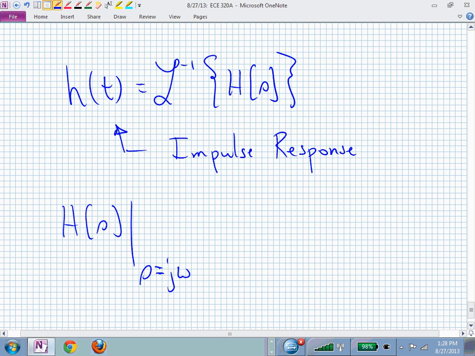If we let S equal j omega in our transfer function, now we have this frequency response behavior of our system. This will tell us how our system behaves at all these different frequencies.